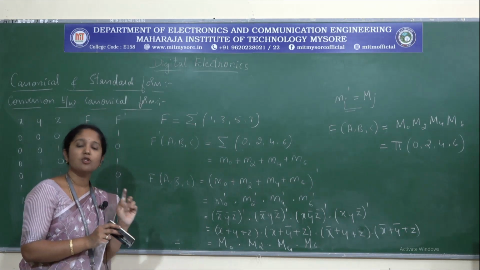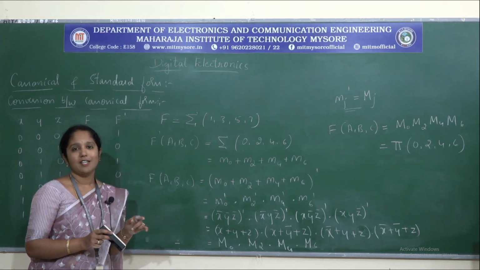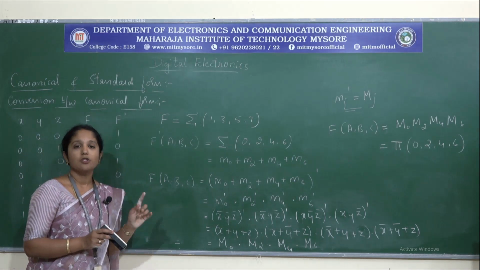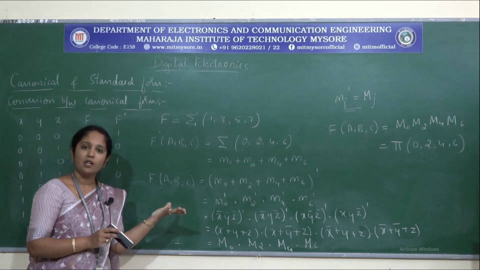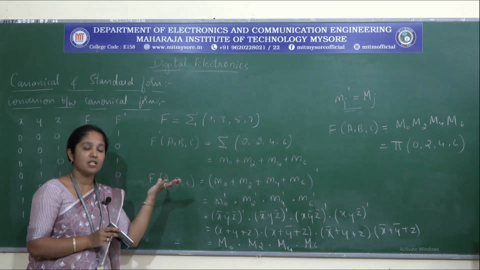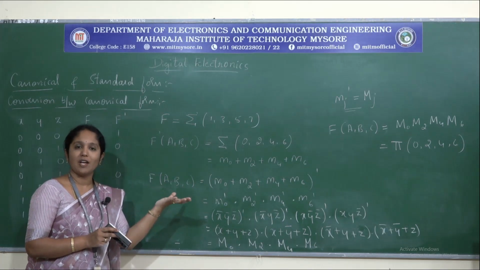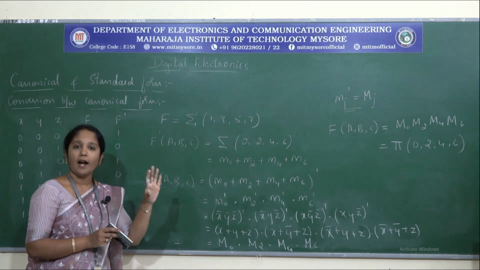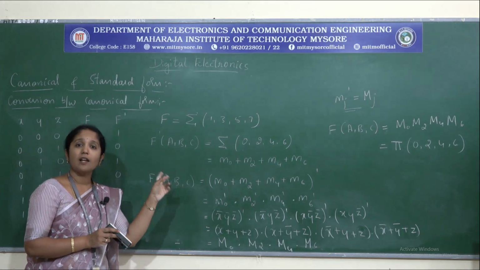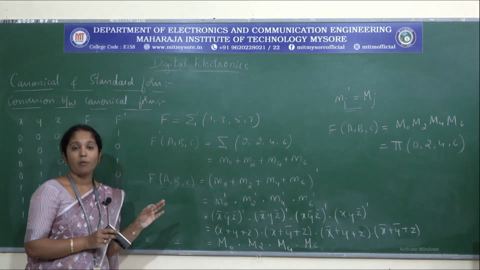In standard form also we have two types: one is standard SOP, the other is standard POS. Standard SOP is obtained by taking the canonical SOP expression and reducing it using the rules, theorems and postulates; the reduced canonical SOP is called standard SOP form.